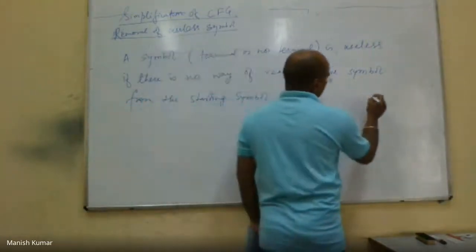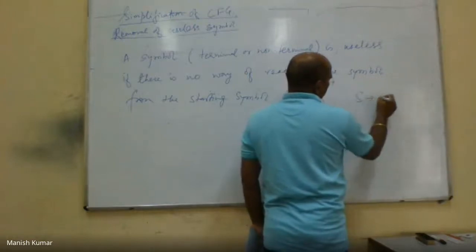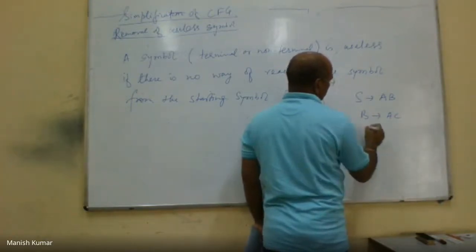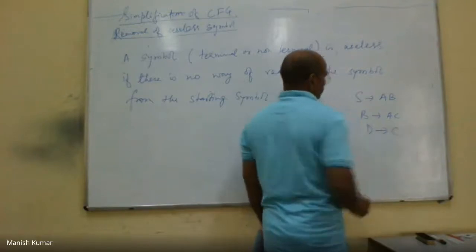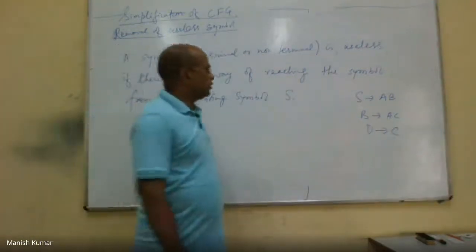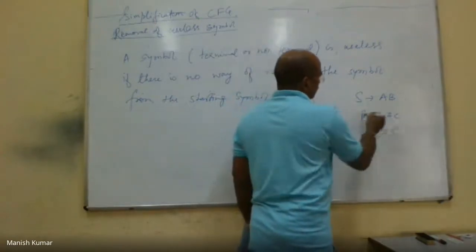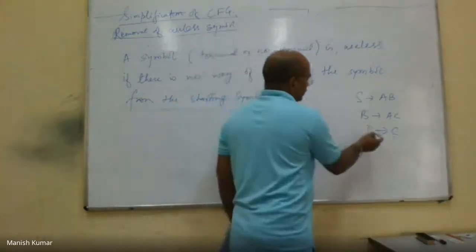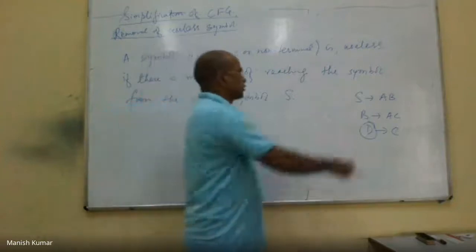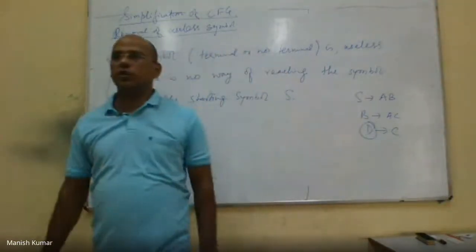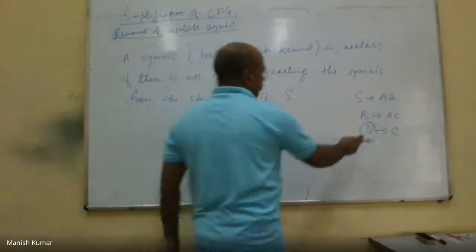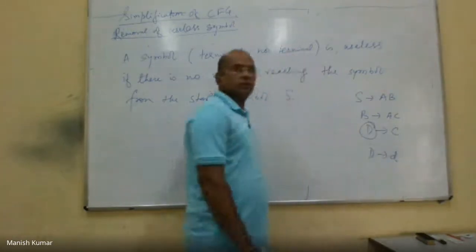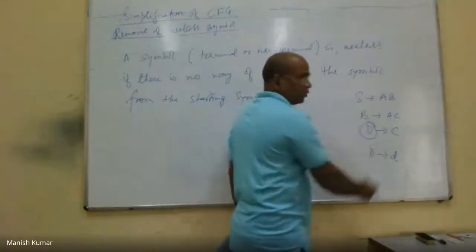Suppose S goes to AB, B goes to AC, D goes to C. In this case you can see that I can reach A, B and even C, but S cannot reach D because there are no production rules that S can use to reach D. Similarly, suppose D goes to small d, then in this case also S cannot reach this small d.